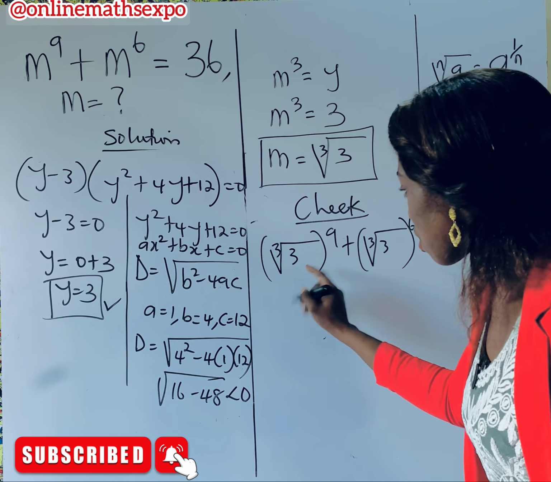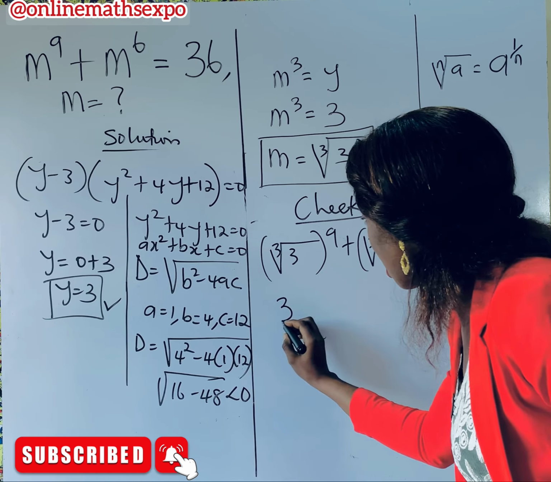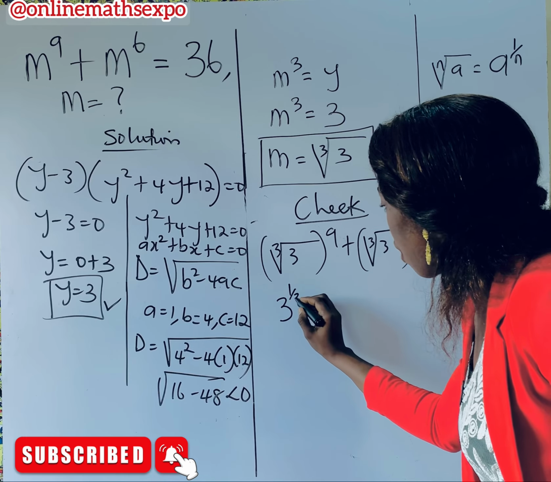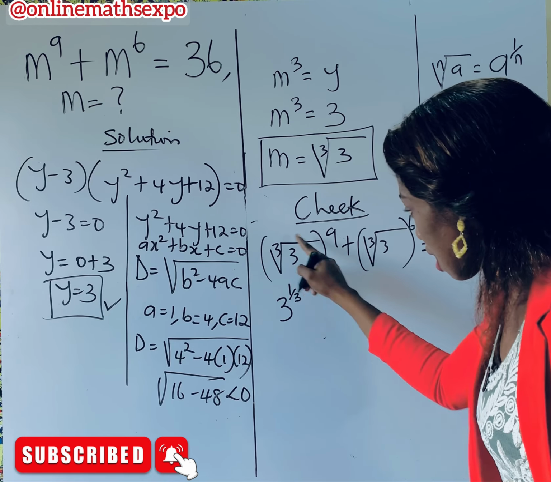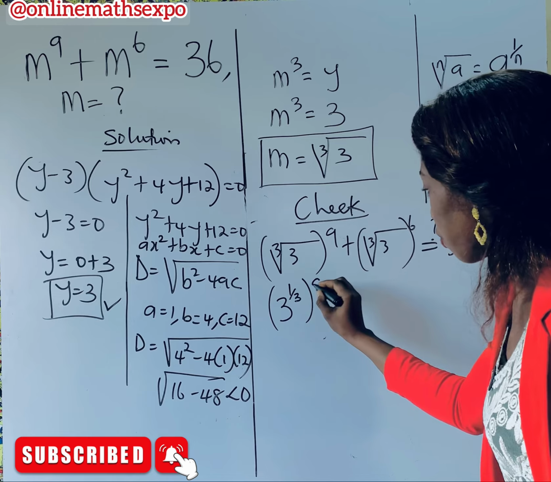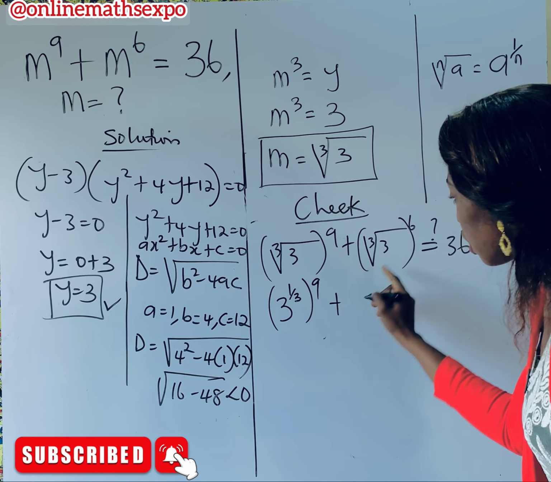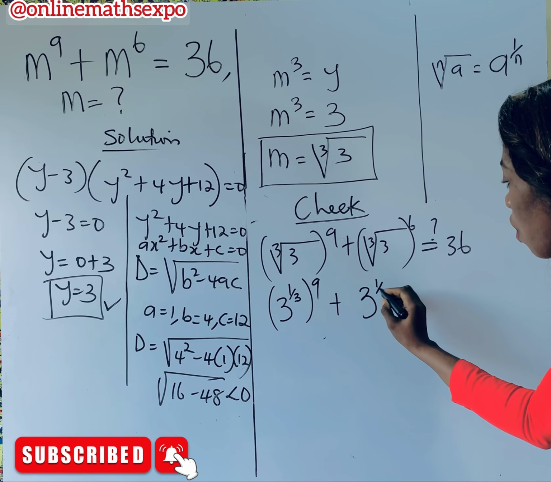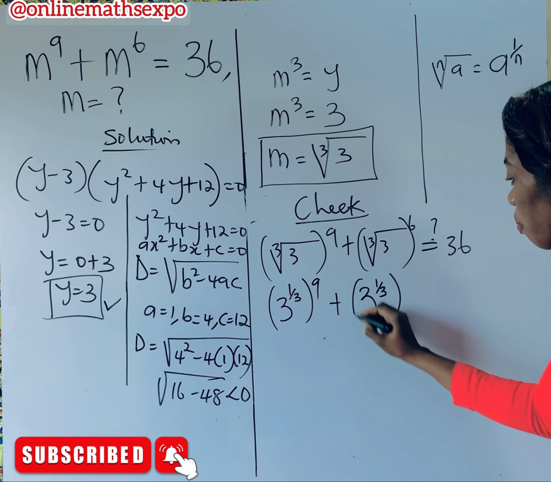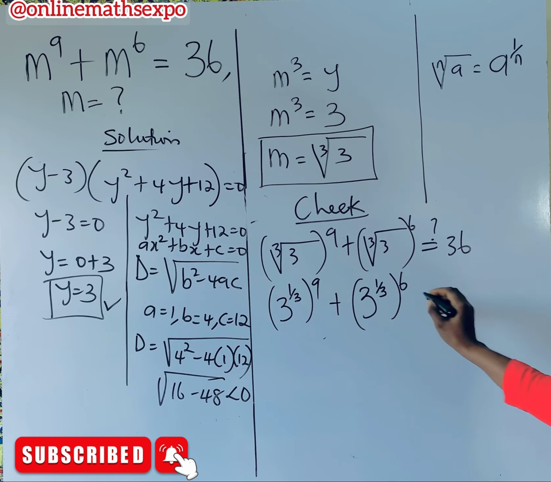So for the inside, it is 3 raised to power 1 over 3, then raise it to the power of 9. For this, it will still be 3 raised to power 1 over 3, raised to the power of 6. Is it equal to 36?